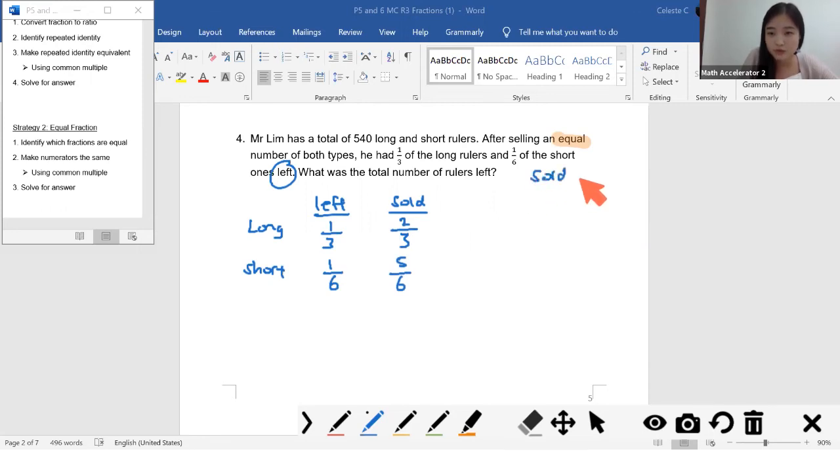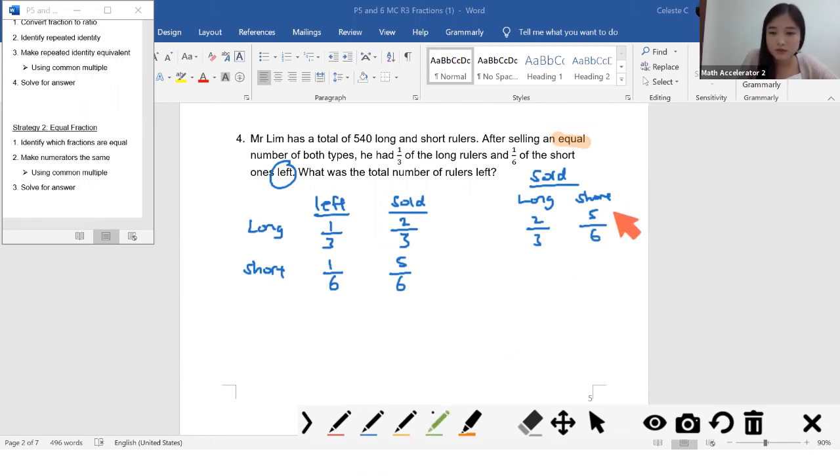So sold, you have long and short. 2/3 and 5 out of 6. Okay, so make the numerator the same. What is the common multiple of 5 and 2? Good, 10.